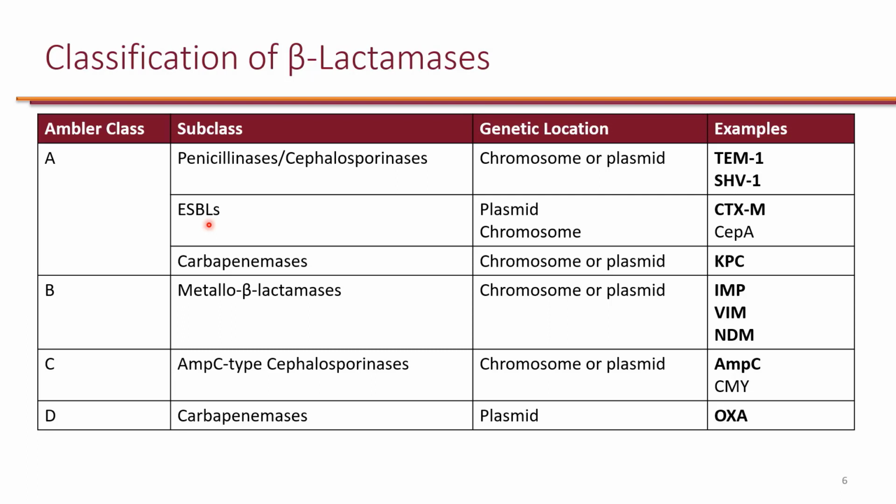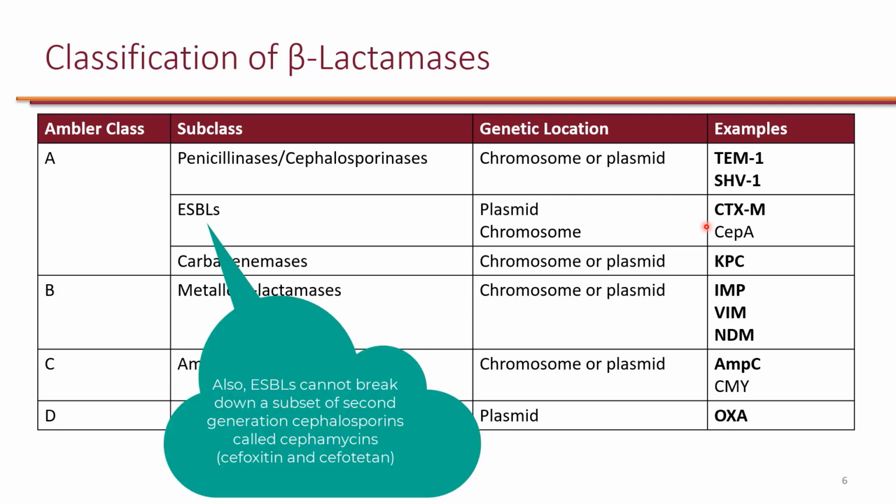Then we have extended spectrum beta-lactamases, or ESBLs, which for the most part are CTX-M, as well as derivatives of TEM and SHV. The reason these are called extended spectrum is that in addition to breaking down penicillins and first and second generation cephalosporins, they also break down third generation cephalosporins, as well as aztreonam.